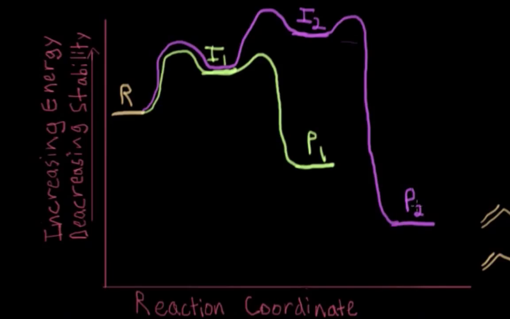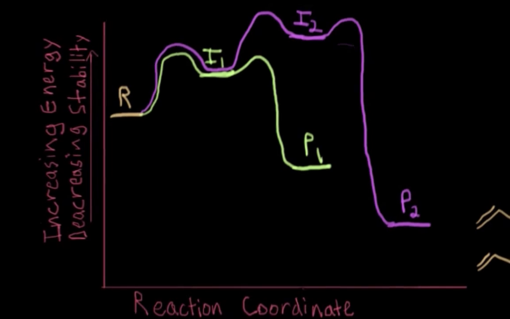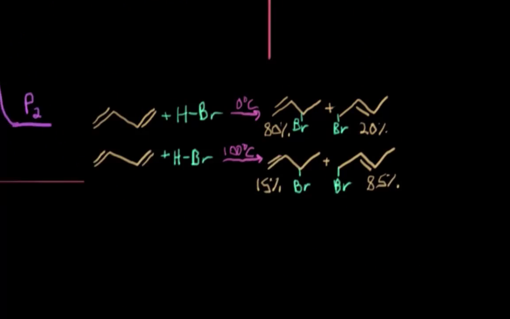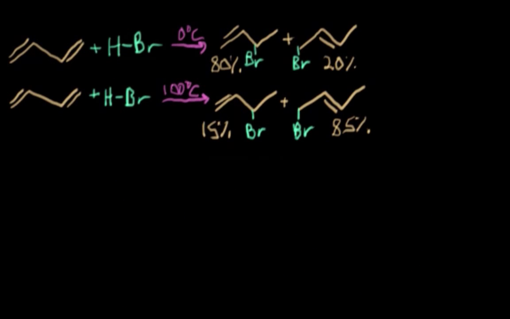And again, P2 is lower energy than P1, and I2 is higher energy than I1. Let's explore the differences between kinetic and thermodynamic reaction control. If we look back down at the two different sets of reaction conditions with the same molecules that yielded the two different products, we notice that one is at a low temperature and the other is at a higher temperature.